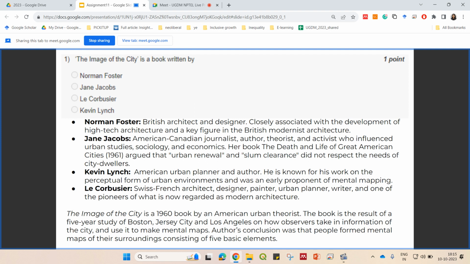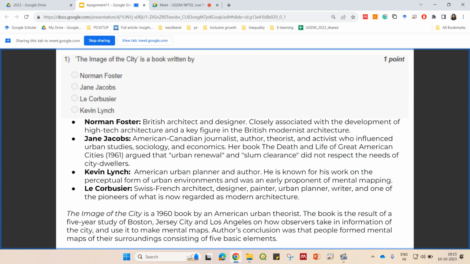So I think from the description of the various authors, it is quite clear who among these might have written the book, The Image of the City, which pertains more towards urban planning, how the concept of the image of the city is formulated out of the different components that constitute it.